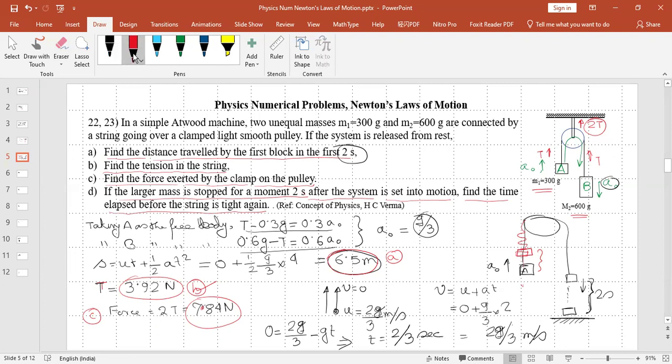So, what will happen? Once the downward falling block is suddenly stopped after 2 seconds, and in these 2 seconds, both this one has a velocity of 2g by 3, this one also has a velocity of 2g by 3, but it has suddenly stopped.